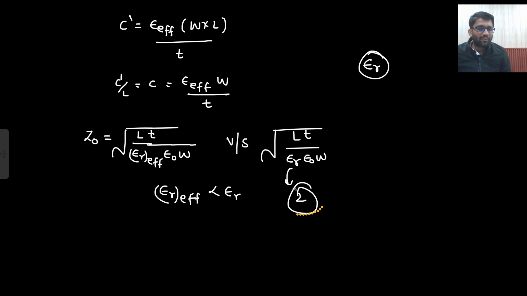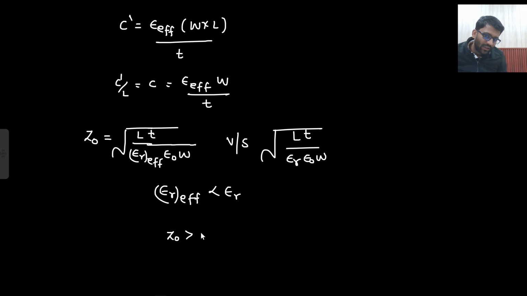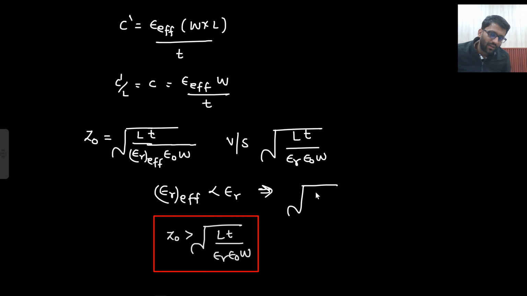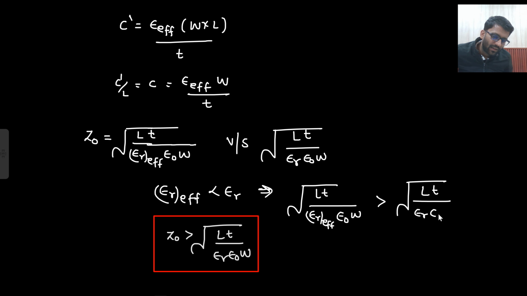So as per me, what should have been the answer? The answer would have been that Z naught should be greater than under root LT epsilon R epsilon naught W. Because from this particular relation, I get that under root LT epsilon R effective epsilon naught W is greater than under root LT epsilon R epsilon naught W. The reason is, if epsilon effective is lesser, then this quantity will be larger, and that is equal to Z naught.